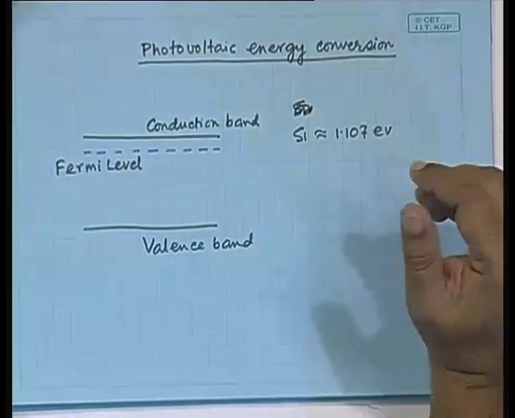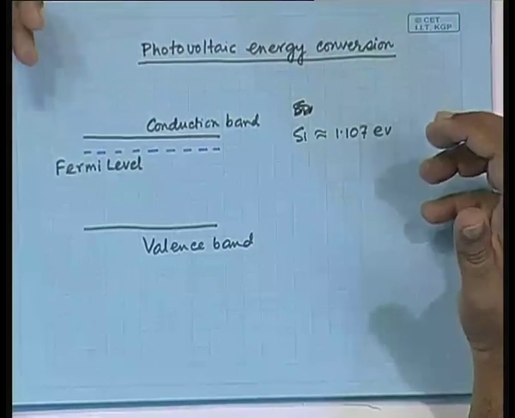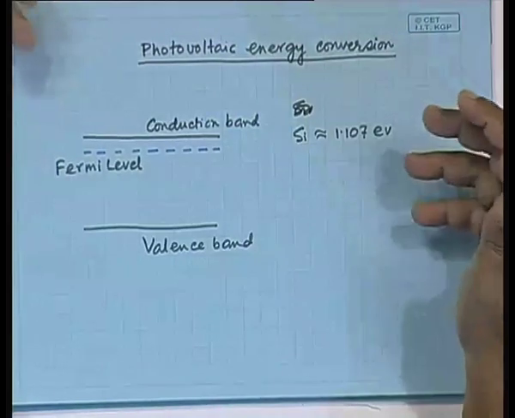Now, when you join a p type material and a n type material to produce a p-n junction, what happens? That also you have learned. The Fermi levels become equal, and as a result the band bends like so.